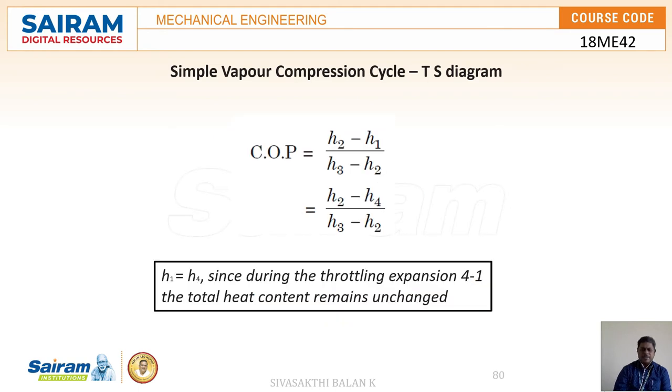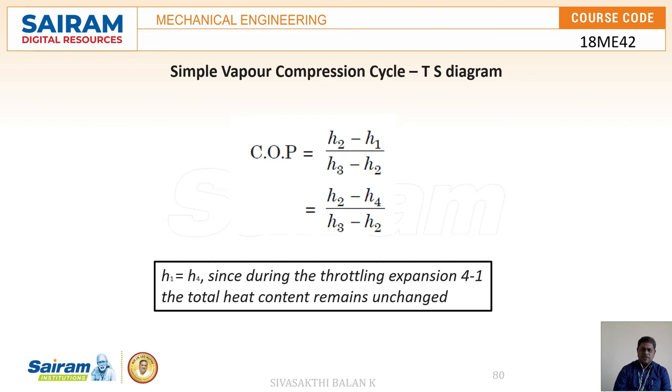If we replace that by the enthalpy representation, the heat extraction is the difference between the enthalpy at the end state and the initial state, H2 minus H1. In the same way, the work input is the enthalpy difference between the end state of the compression process, 3, and the initial state of the compressor, 2.